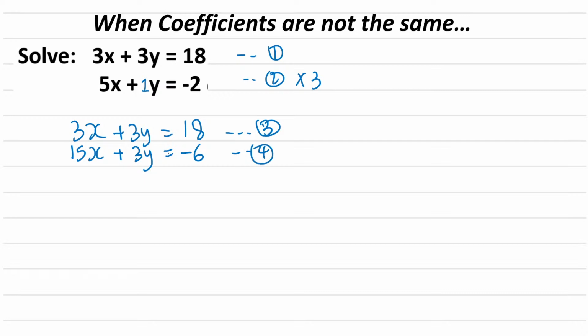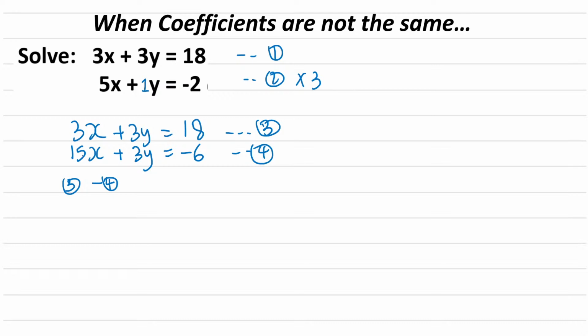What can I do now? Well, I've got plus on both of them, same coefficients, and I need to get rid of them. So how do I do that? I'm going to do equation 3 take away 4. So 3x take away 15x, what do I get?